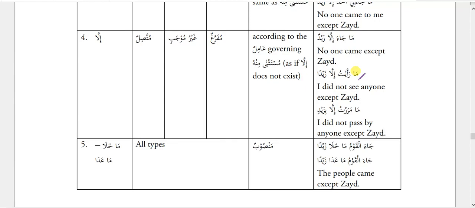So here the i'rab of mustasna is not prefixed, but keeps changing according to the demand of that sentence. See, in the first example, there is a fi'l ja'a but there is no fa'il, so the mustasna becomes the fa'il and accepts the i'rab of fa'il. Here fi'l and fa'il are mentioned, but there is no maf'ul, so mustasna becomes maf'ul and accepts the i'rab of maf'ul. Here marartu is always used with ba harf jar, so mustasna accepts the action of ba harf jar on it and takes the i'rab of jarr.